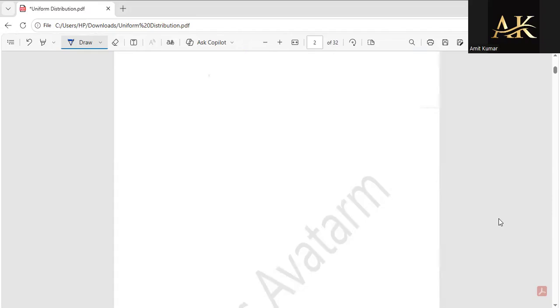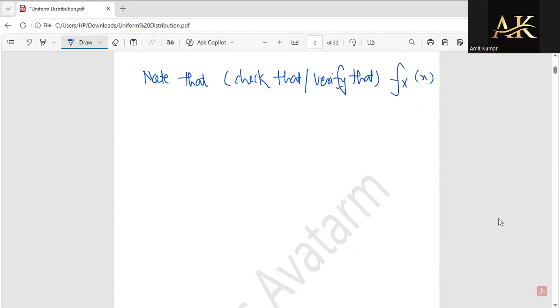So let's see other things. Note that, or check, or verify, that f(x) is a PDF, a probability density function. The first property: for being a PDF, it should be non-negative.